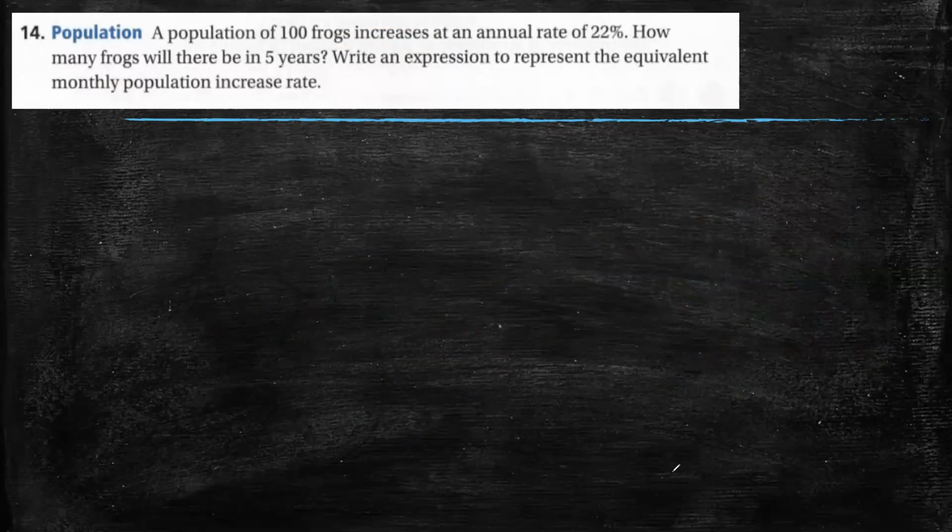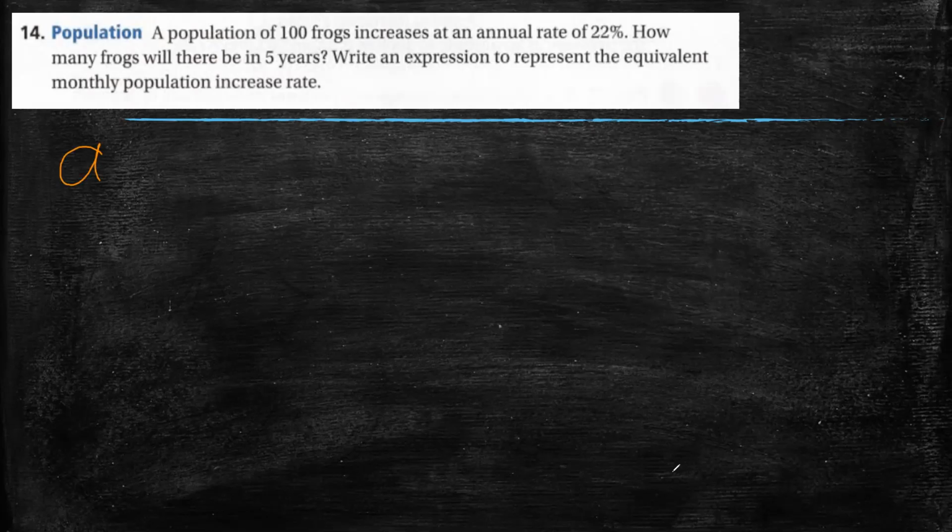So here, what is A? It is the initial amount. He told me there are 100 frogs and they increase annually by 22%. So what is A here? 100 frogs.